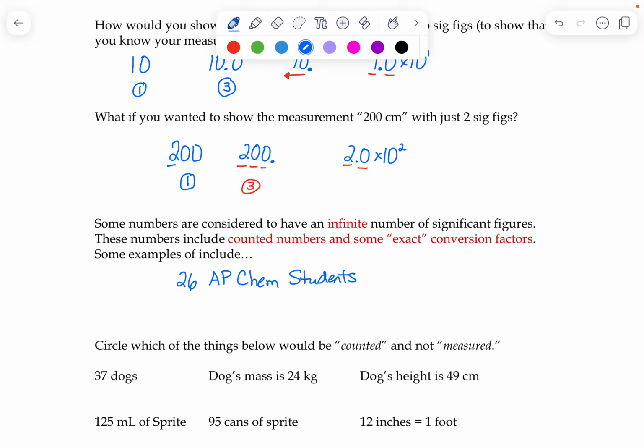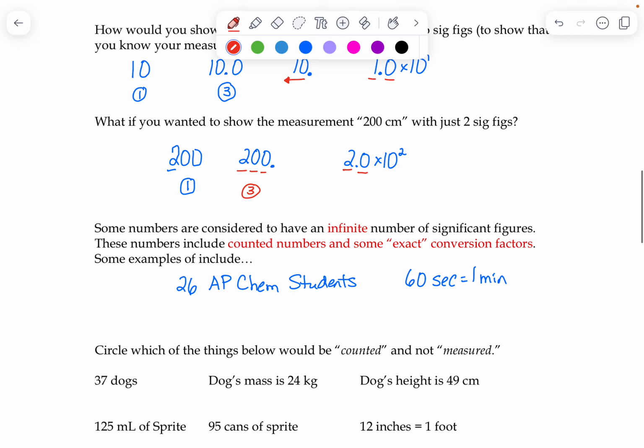Also, there are some numbers that are conversion factors that are exact. So if I were to say there are 60 seconds in a minute, well, if I just said 60 seconds, the 6 would count, the 0 would not because it's not in a sandwich. It doesn't follow the right rule.